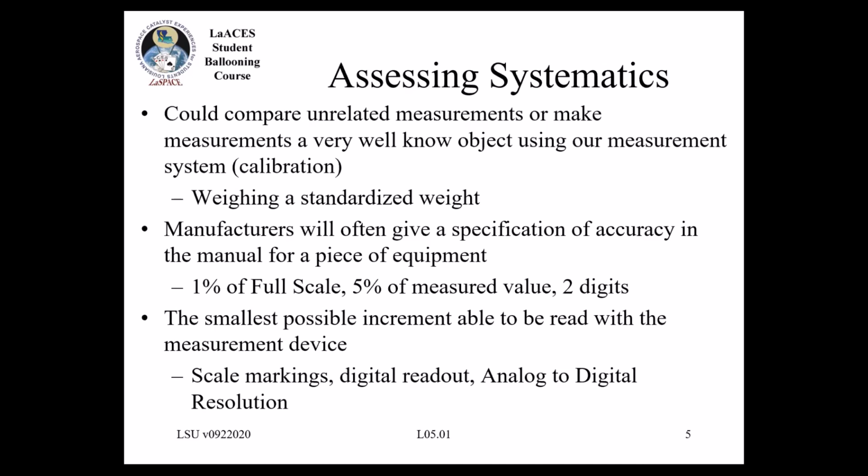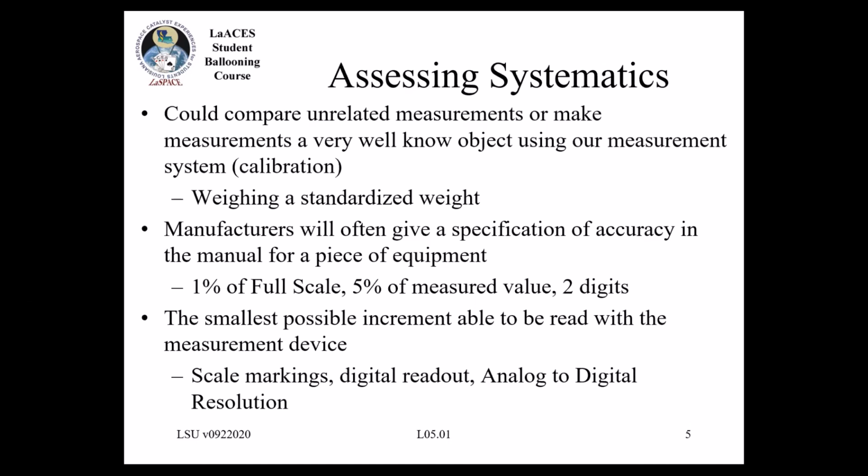They will give you a value for the accuracy. It'll be something like 1% of full scale, or maybe 5% of the measured value, or 2 digits. In the last case, that means 2 times whatever the last digit on the display is.